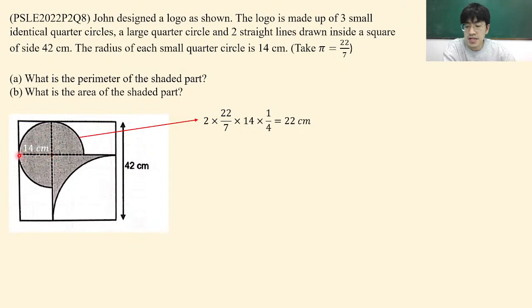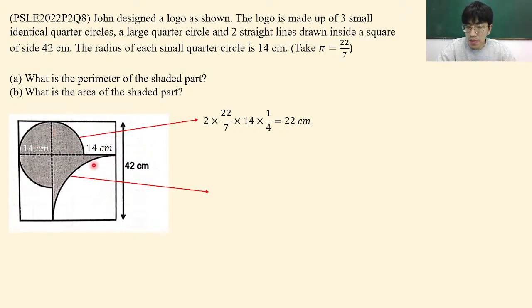So this length is 14. This length is also 14. So for this length we can take 42 minus 14 to get also 14 centimeters, so that these three lengths add up together to get 42, which is the side of this square.